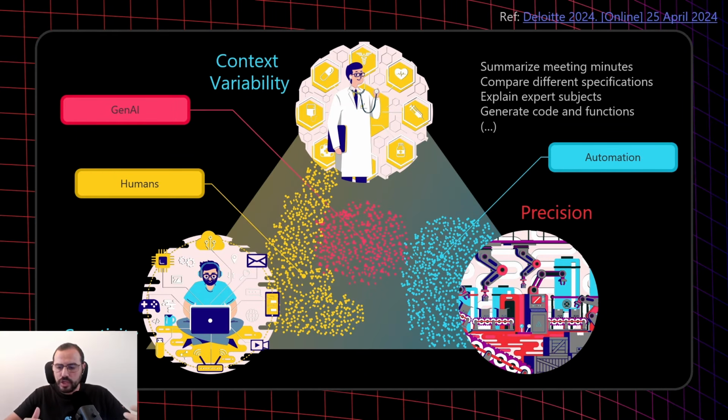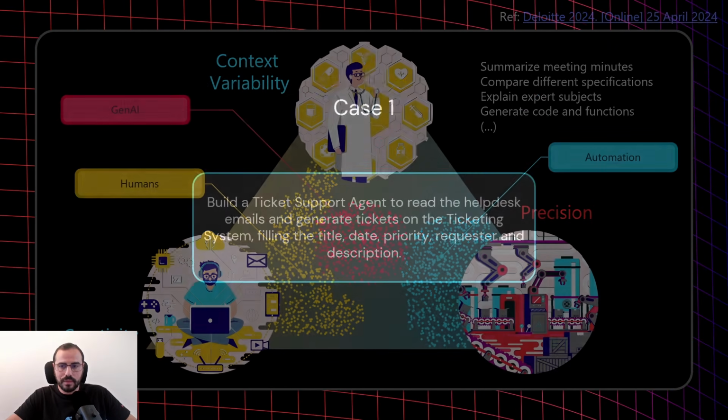And this could change completely the way we look into a use case and know if it is a use case for an agent or not. So let's now look into some examples to see if you guys can answer correctly if it is a good use case for AI or not.